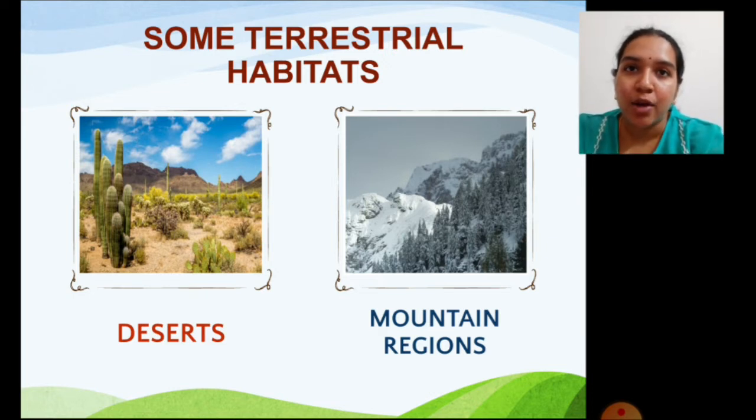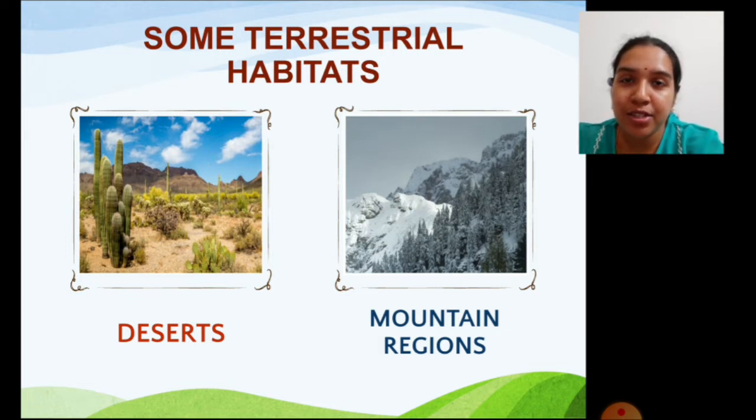In the desert, we understood the climate and the adaptations seen in its flora and fauna, and even in mountain regions, we learned about a few animals which have adapted and had a few body modifications to survive in those weather conditions. We have also learned that unique cone-shaped trees grow in these mountain regions.